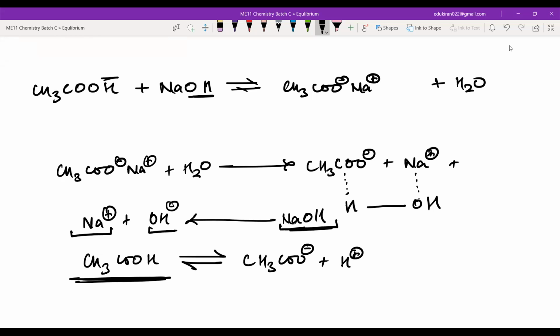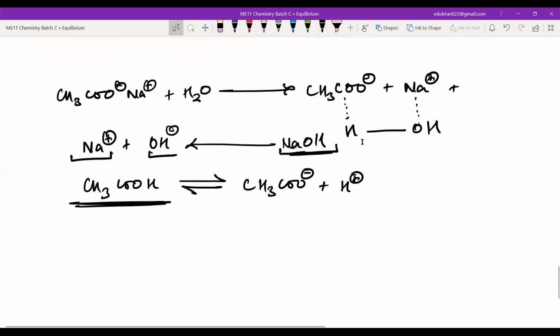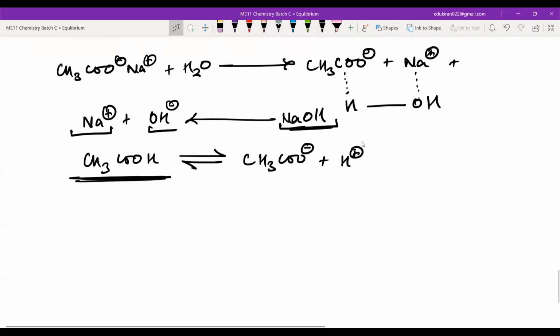Yes or no? Tell me that first. Right, guys? Yes, sir. Okay, fine. That means if I have a salt of weak acid plus strong base, what is going to happen?